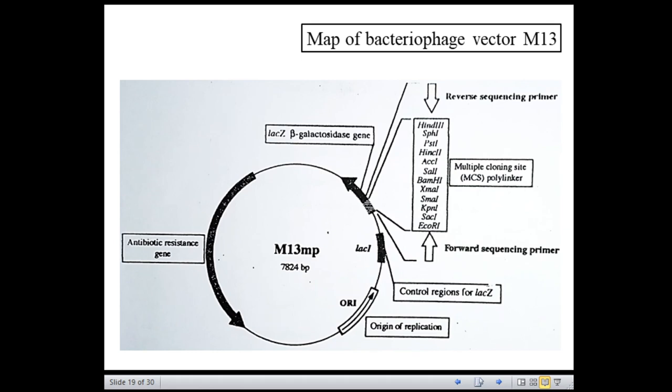Right. If we just look at the cloning into single-stranded phage vectors, in addition to producing single-stranded DNA, the coliphage vectors have a number of other features that make them attractive as cloning vectors.